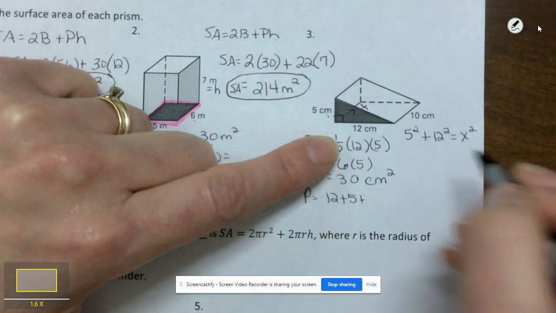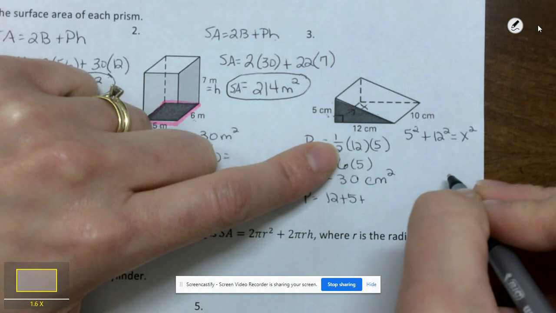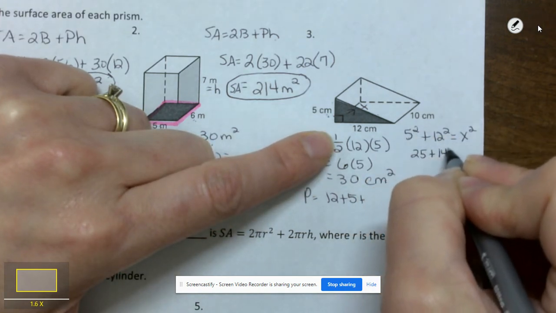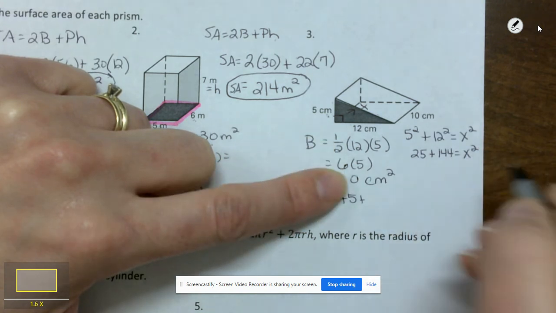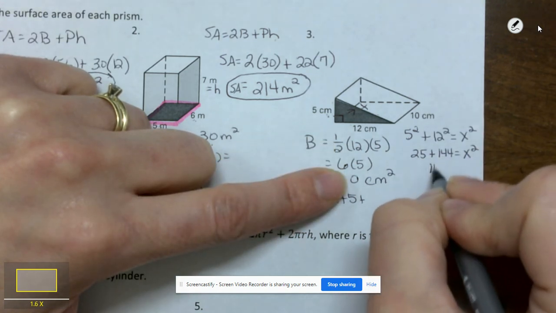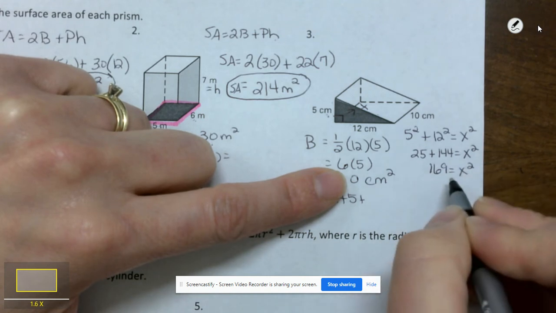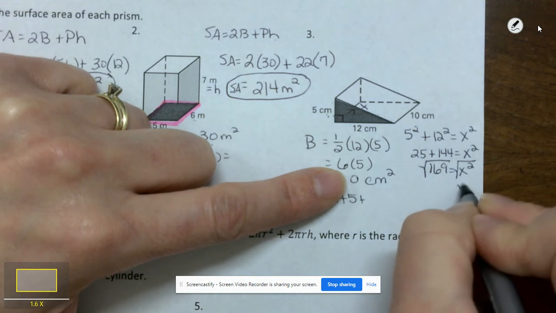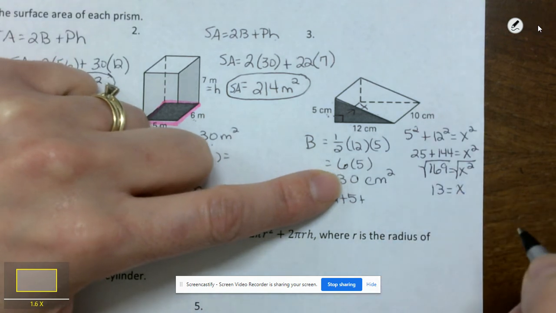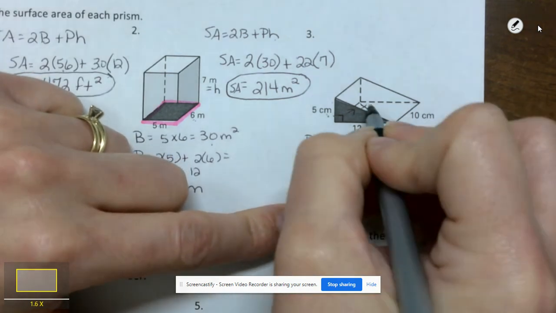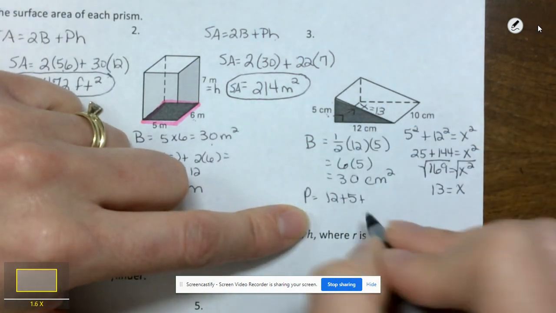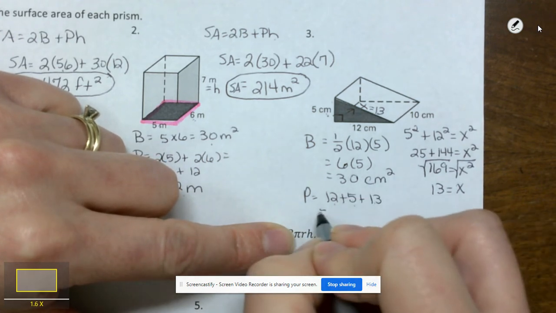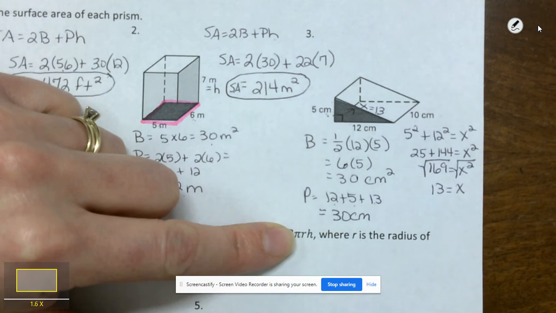This is the Pythagorean theorem. 5 squared is 25. 12 squared is 144, and that equals x squared. 25 and 144 is 169. In order to isolate x, we take the square root of both sides, so we get x equals 13. Now we know that this side is 13, so we can get our perimeter: 12 plus 5 plus 13, that's 30 centimeters.